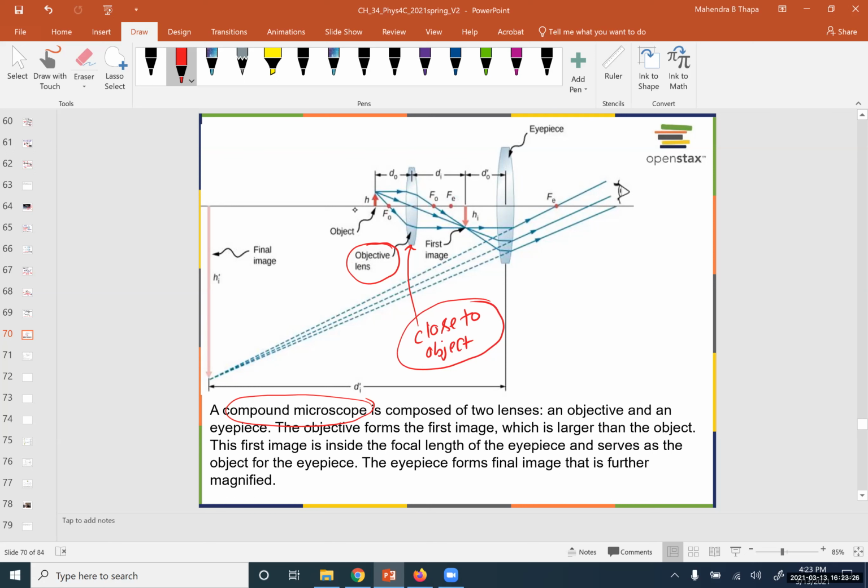And the final image is formed somewhere, maybe at infinity, or maybe at 25 centimeters from the eye. So this lens, you see, is close to the eye, so this is called the eyepiece. So we have two lenses basically in the compound microscope, the objective and the eyepiece.